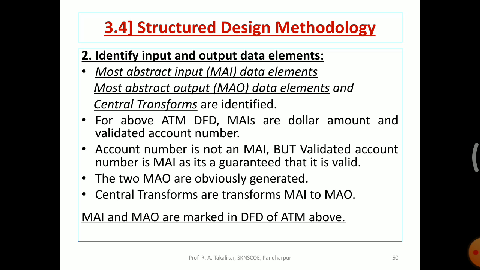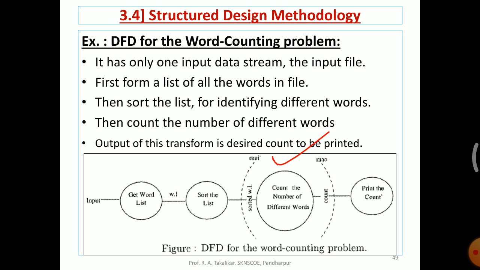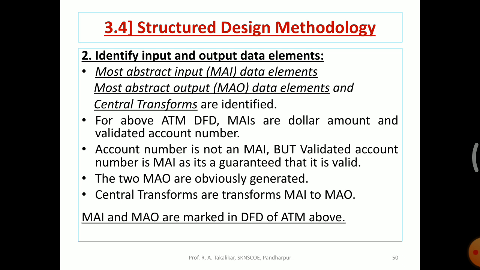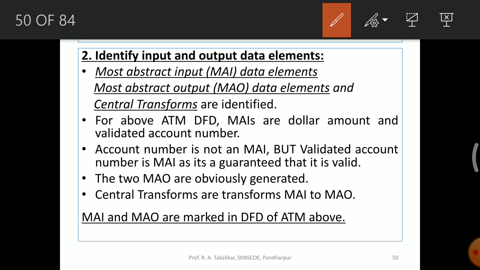Now, the second step in the SDM strategy: identify the input and output data elements. We have seen only how to draw the DFD in the first step. Now we are interested in identifying the most abstract input, MAI, and most abstract output, MAO. These data elements you have to identify, and the central transforms are also required to be identified.